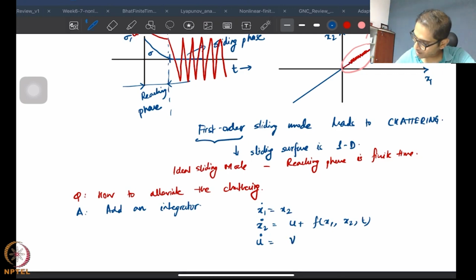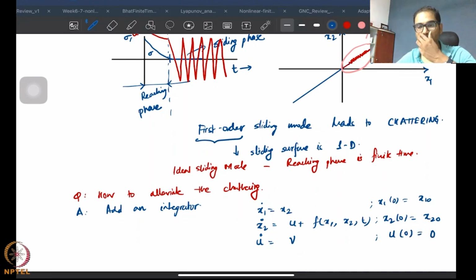Okay, and we have x1(0) equal to x10, x2(0) equal to x20, and the u, now that the u variable has been made into a state, we just choose its initial condition as 0. Okay, that's in our hands, right? So that's what we do. So we start working with this higher order system.